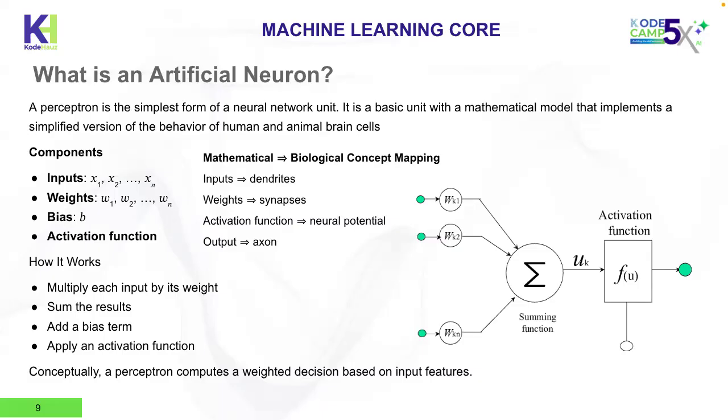That's why it's called bias. The activation function, like I said, mimics the neural potential in a biological neuron. And then, of course, the output is the axon, the output that goes out. So this is a very generic mathematical representation of the model. Basically, this summation sign means that each of these is a dendrite representing an input.